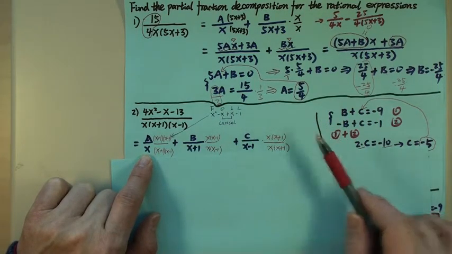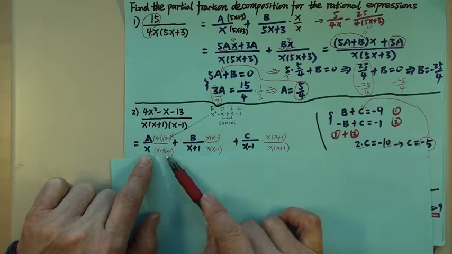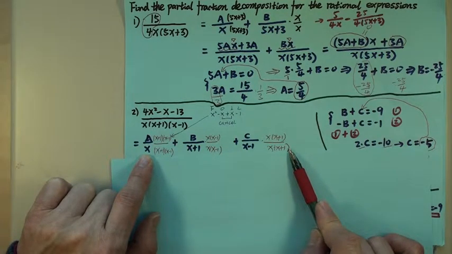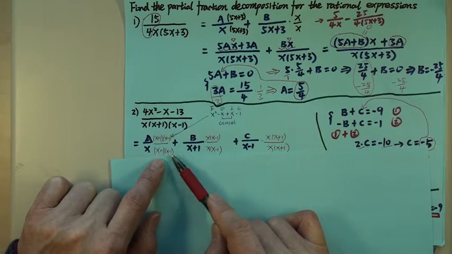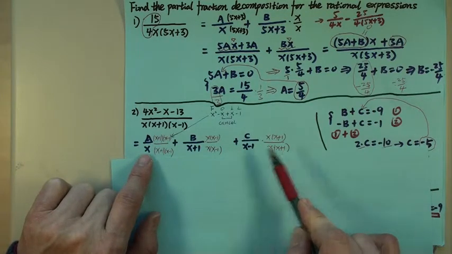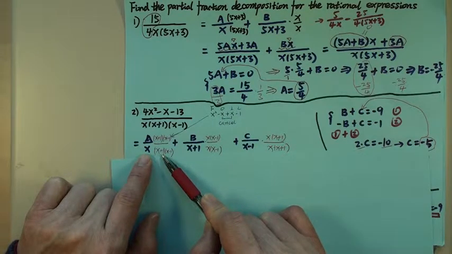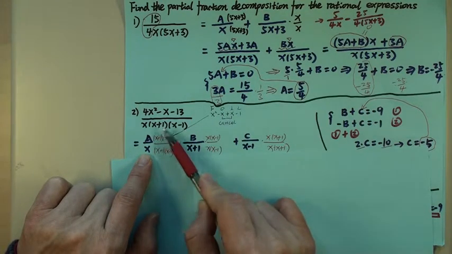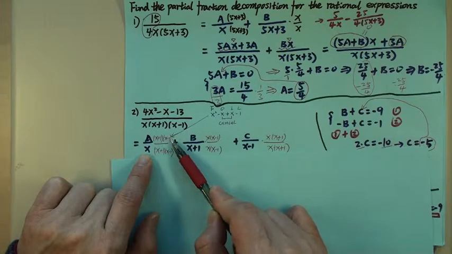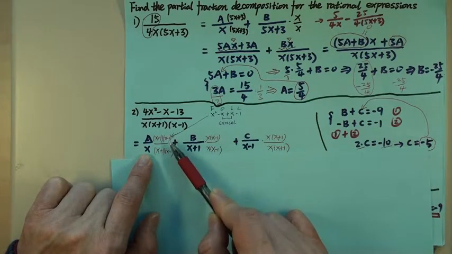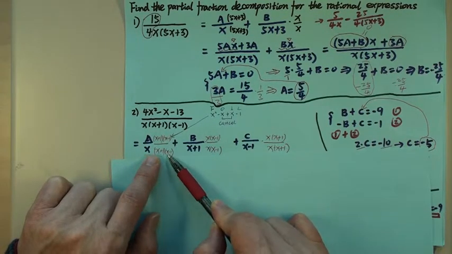Now, how are we going to add all those three together? We need to make the denominators the same. This one is only x, so x plus 1 and x minus 1 have to be multiplied to both numerator and denominator.